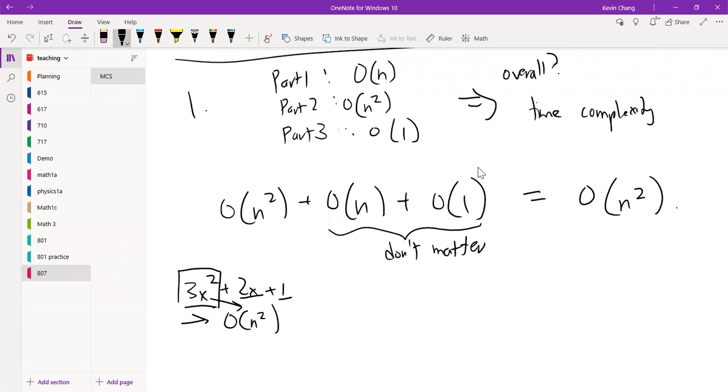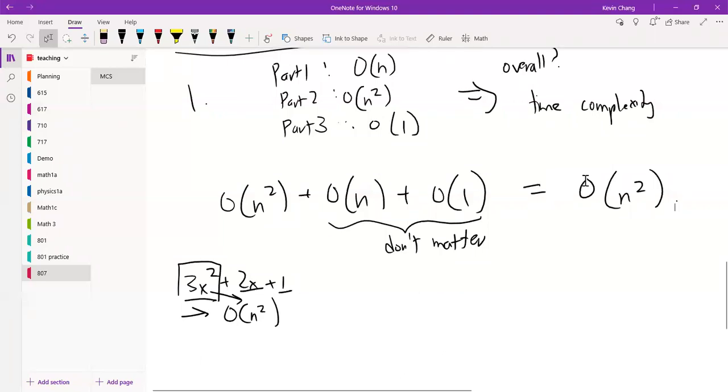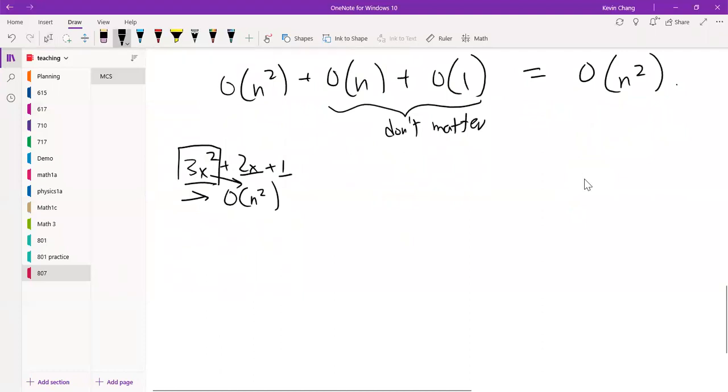So this is like a really cheeky way to classify different types of mathematical expressions. But it does work because our main concern isn't how the slower parts will handle. If we're running very large programs where the input is huge, we don't really care about the smaller terms. For example, I'm going to relate to you how many times a computer can perform an operation per second. I think usually a computer can perform about 10 to the 9, so 1 billion operations per second.